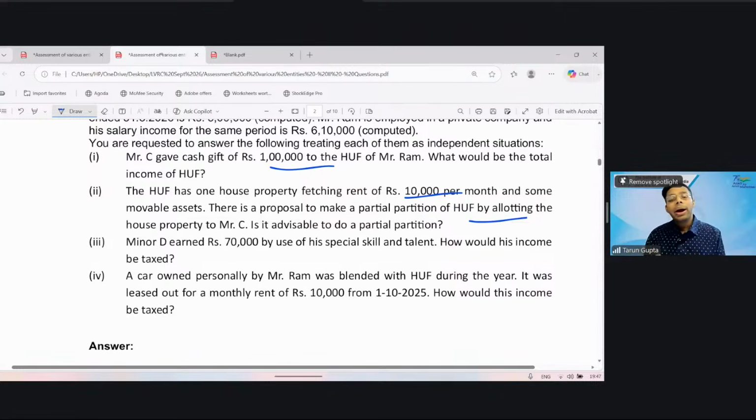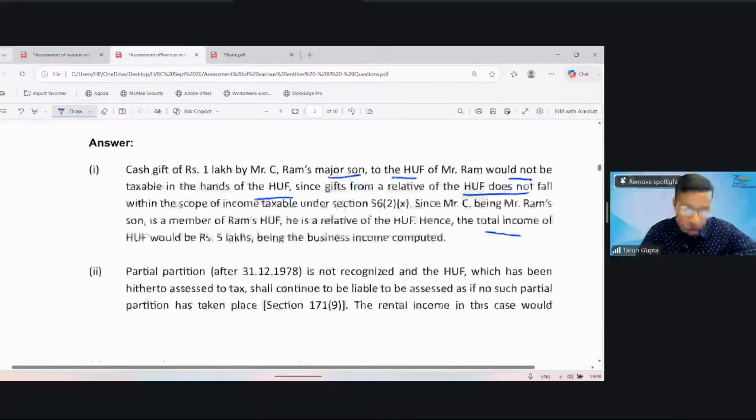But I told you that under the Income Tax Act, partial partitions are not recognized. Therefore, even if there is a partial partition, the rental income of 10,000 shall continue to be taxed in the hands of the HUF only. So it's not advisable to go for partial partition.